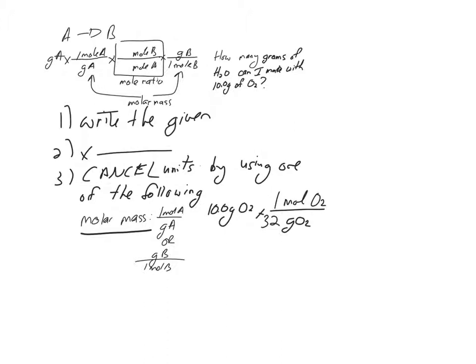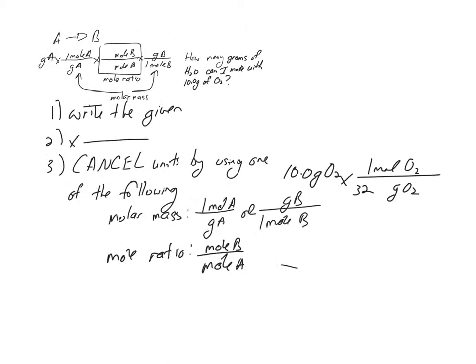Molar mass for O2, looking at the periodic table, is 32 grams per mole, but it is upside down. In other words, I am saying 1 mole of O2 for every 32 grams of O2, which means the same thing, and also allows us to cancel oxygen. So then what is the next step?